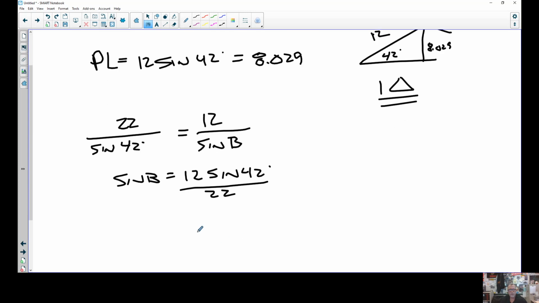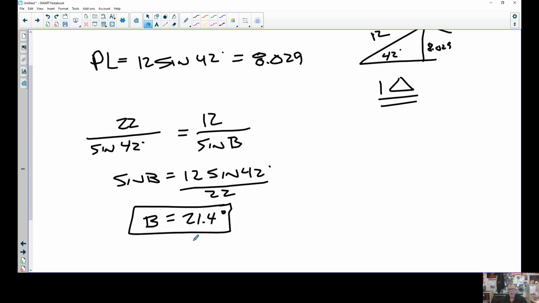And that means that angle B, when I take sine inverse of that, I'm going to do 12 sine of 42 in my calculator, divide it by 22. And then I'm going to do second sine, or sine inverse, of that answer, and I get 21.4063 degrees, so 21.4 degrees.